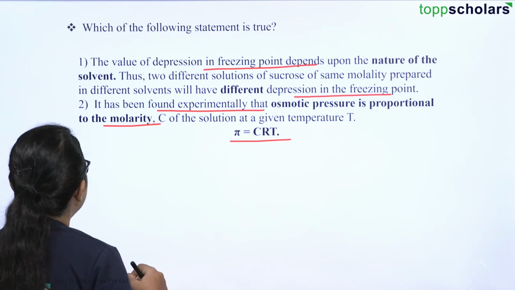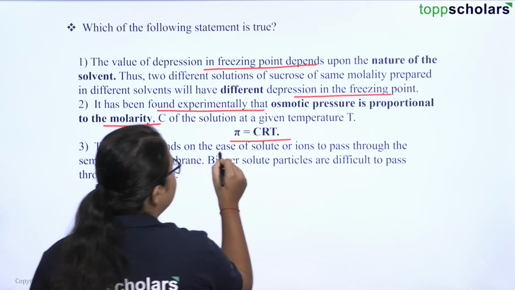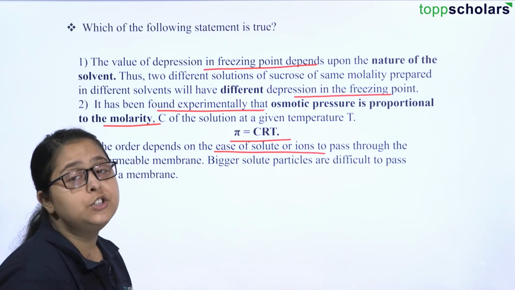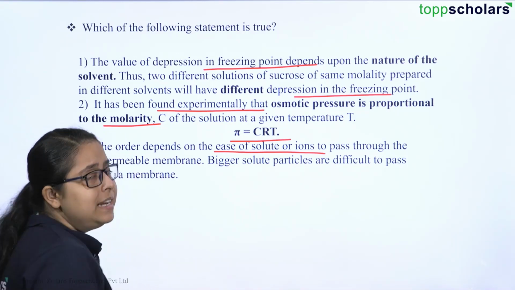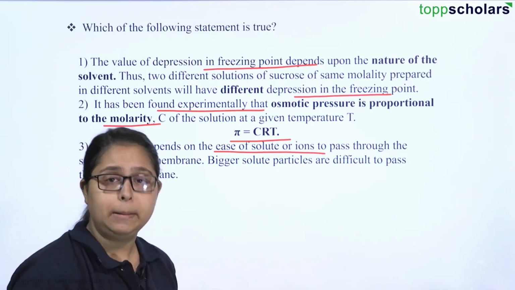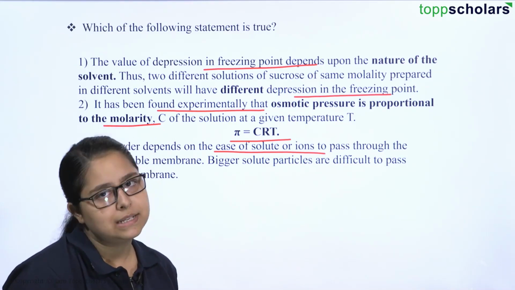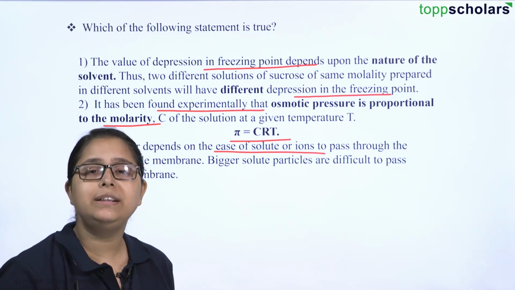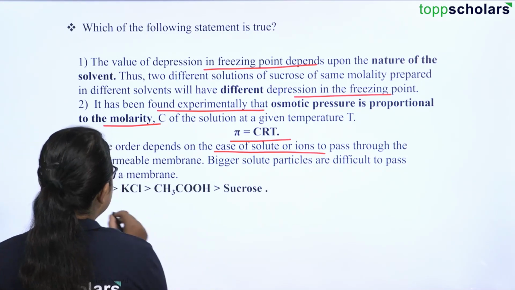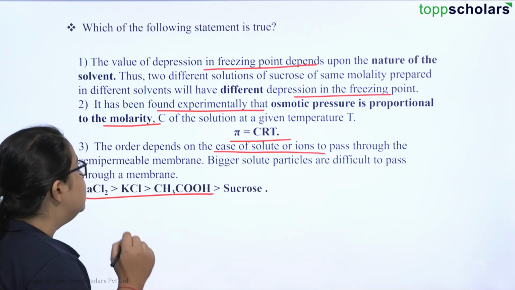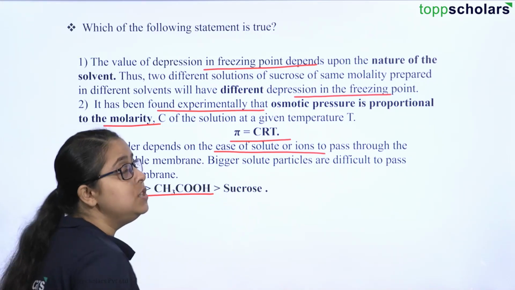Okay. Then over here, the order depends on the ease of solute or ions to pass through the semi-permeable membrane. Now, if the solute particle is very big, then it will have difficulty in passing. And if the molecule is small, then it will pass very easily. Hence, the sequence will be BaCl2, KCl, CH3COOH and then sucrose.